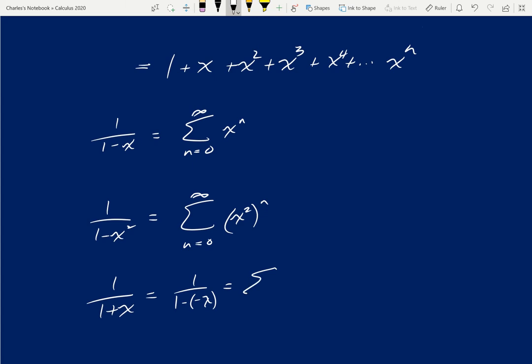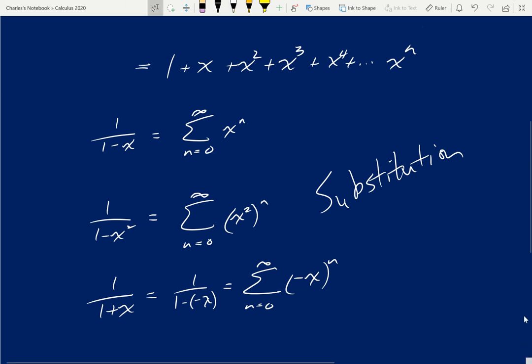So this could be the sum as n goes from 0 to infinity, and now I'm just plugging negative x in for that. So this would be negative x raised to the n. And that's called substitution, which is a word that you've seen used plenty of times before. But it can be used for Taylor polynomials, and it's actually really effective and helpful.